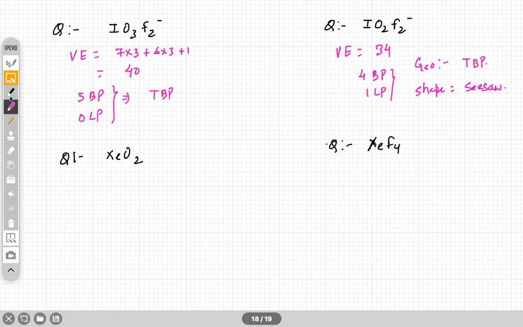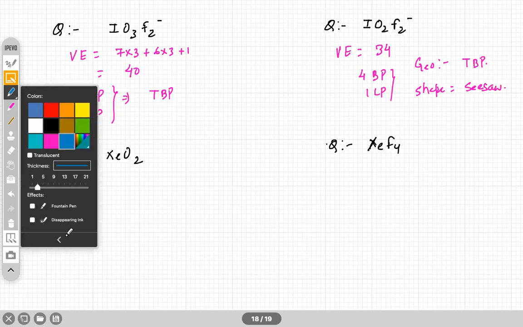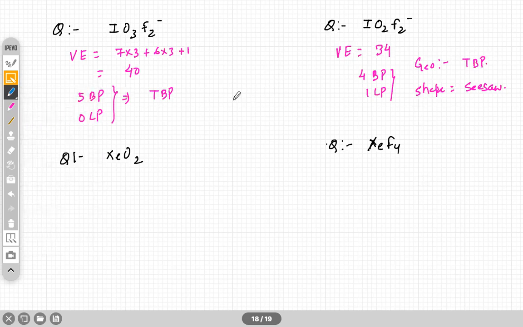Seesaw, the shape is. If you look at the geometry here, so what we do, we draw a triangle just to understand the shape. It's not like the bonding is there, just to understand it, right? And we have, suppose, one atom present over here, that is I, okay?